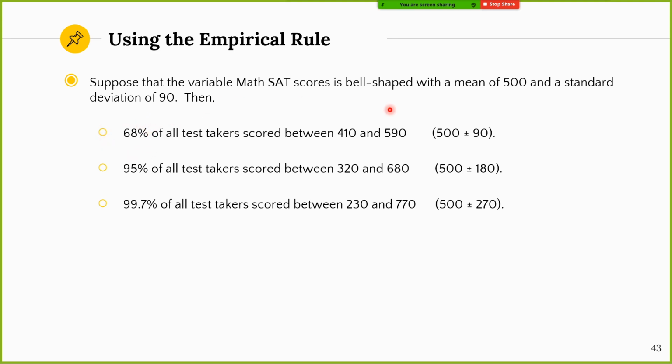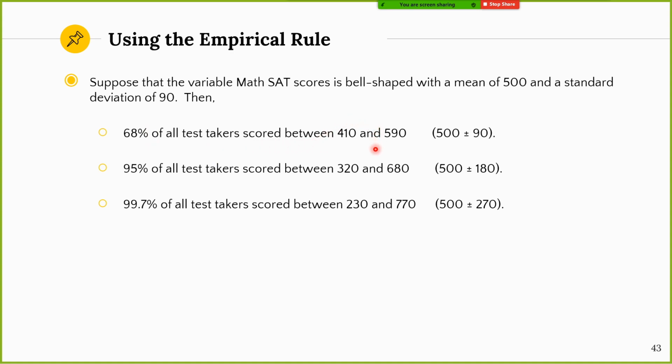So we can calculate: 500 minus 90 is 410, and 500 plus 90 is 590. So the scores between 410 and 590 are considered as 68% of all the test takers.